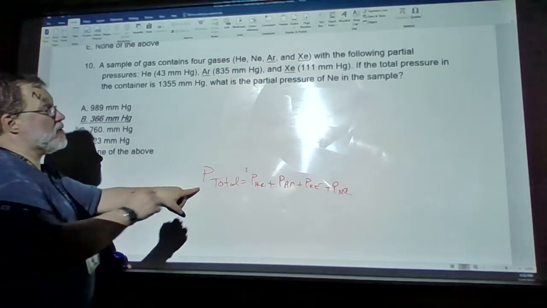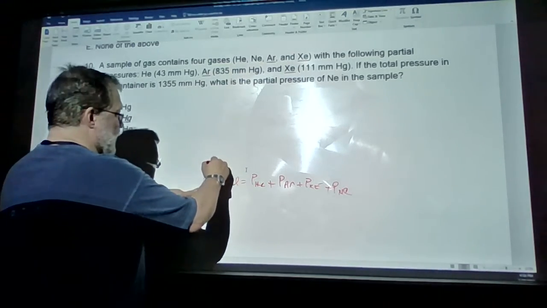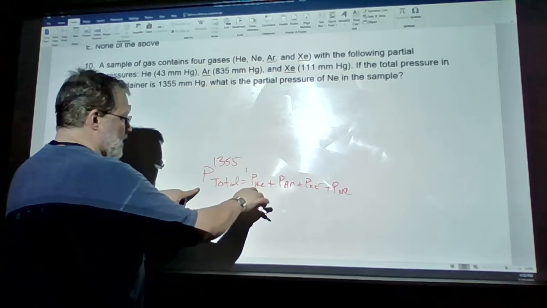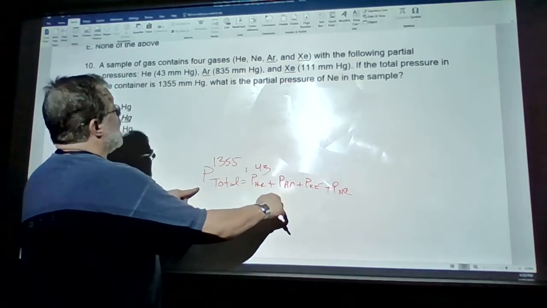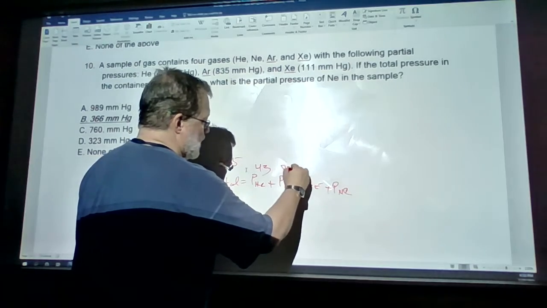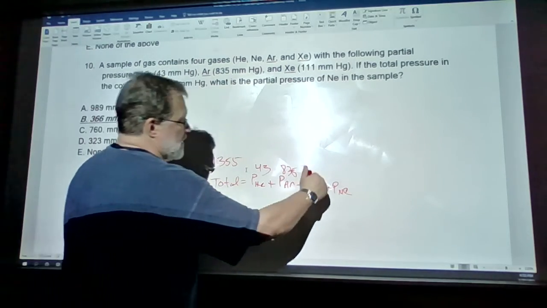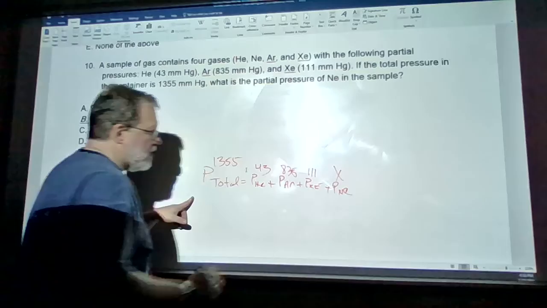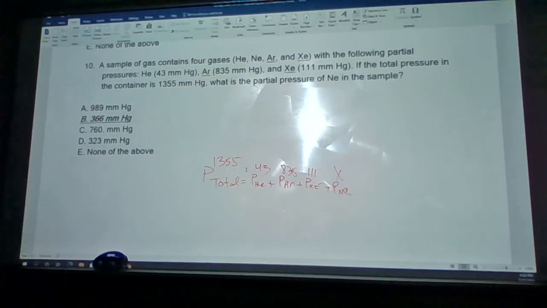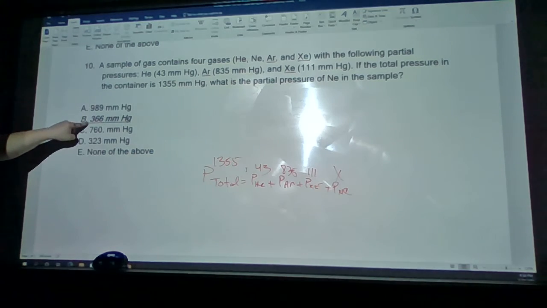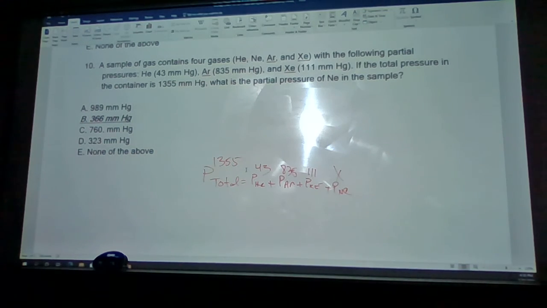So we have our P total, 1355. Helium is 43. Argon is 835. Xenon is 111. So it's 1355 minus 43 minus 835 minus 111. Answer should be B, 366 millimeters of mercury.